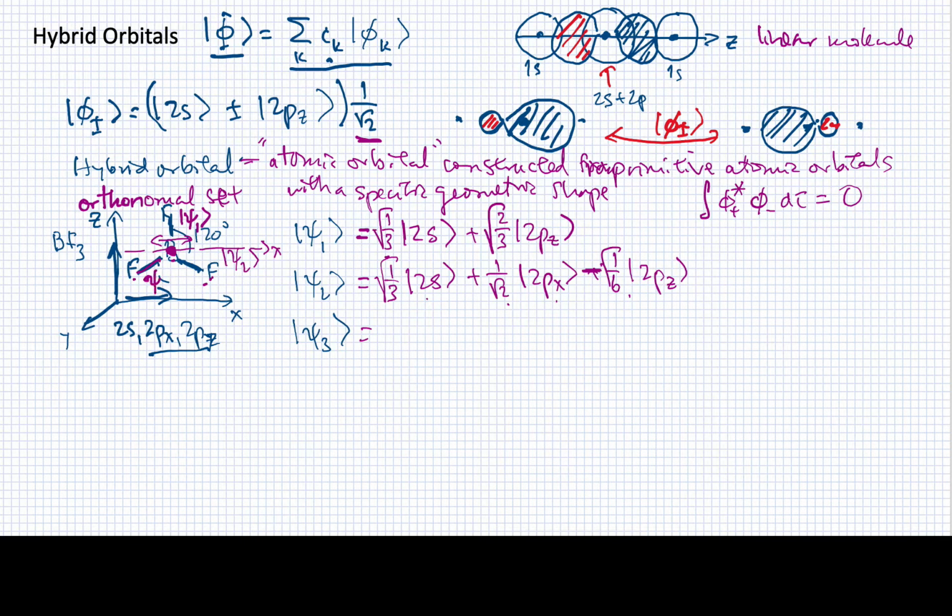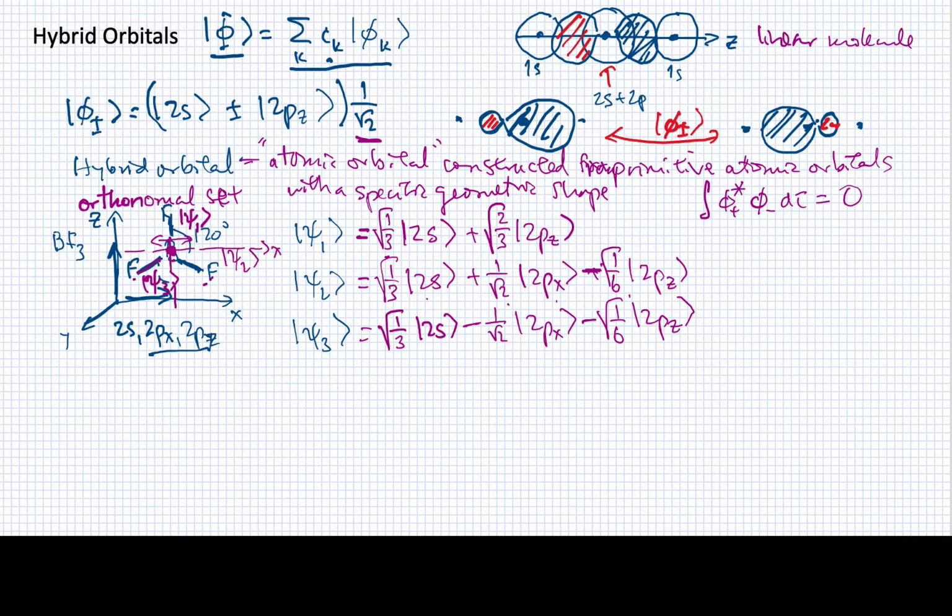So this is my psi3. And as you might guess, the 2s coefficient is going to be the same. For the 2px, now I'm on the opposite side of the z-axis, so simply minus 1 over the square root of 2 is the right coefficient for 2px, and minus the square root of 1 over 6 of the 2pz.